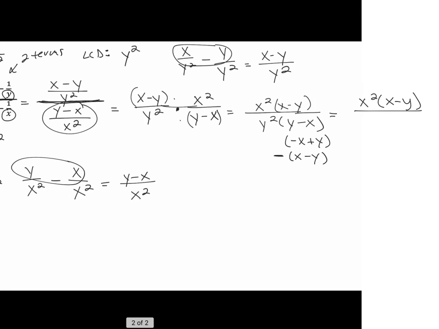I've got a negative times y squared times x minus y. So negative y squared times x minus y. That makes it a little easier for me to see what I'm working with here. So I can divide the x minus y factor, and that gets me a simplified expression of negative x squared over y squared. And remember, it doesn't matter where you put that negative. Denominator's fine, numerator's fine, and front is fine. It's the same expression here.